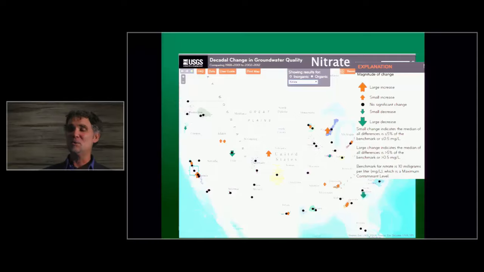For every constituent, the relative size of that arrow is based on the relative change of the median of that network compared to the standard. So for nitrate, we're talking about 0.5 milligram per liter change in a decade is a large change. Smaller than that is a small change. And again, you can see there's a lot of black dots where there's no statistically significant change.